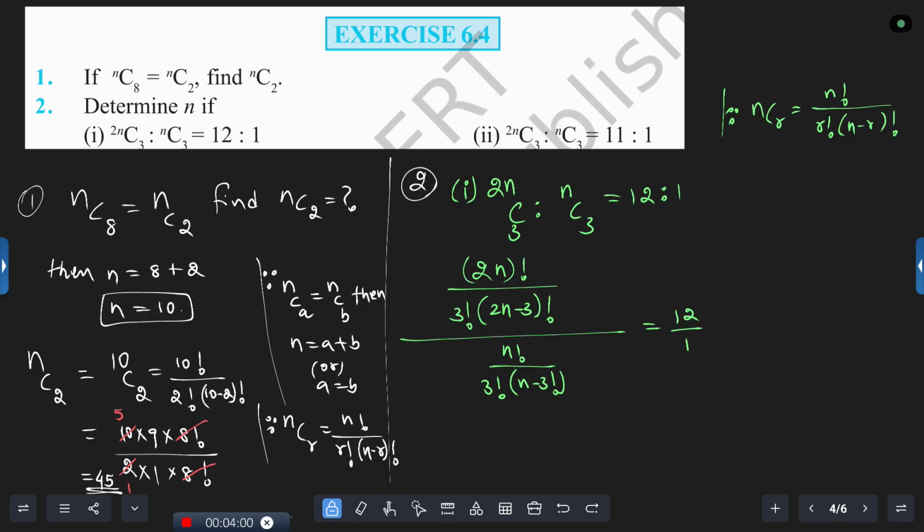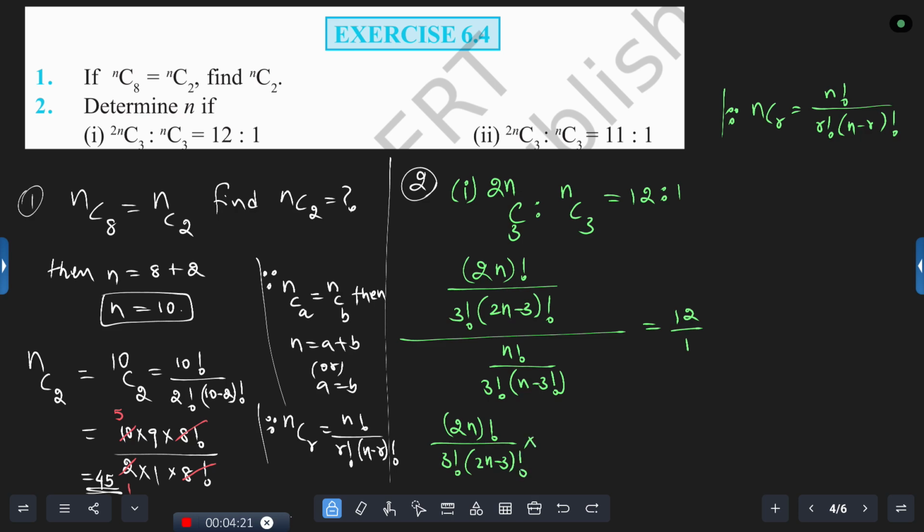Now the denominator, when you take it to the numerator, it will be reciprocal. That you do.